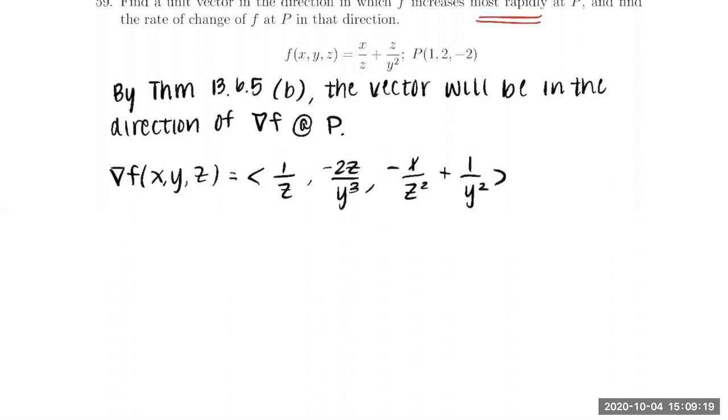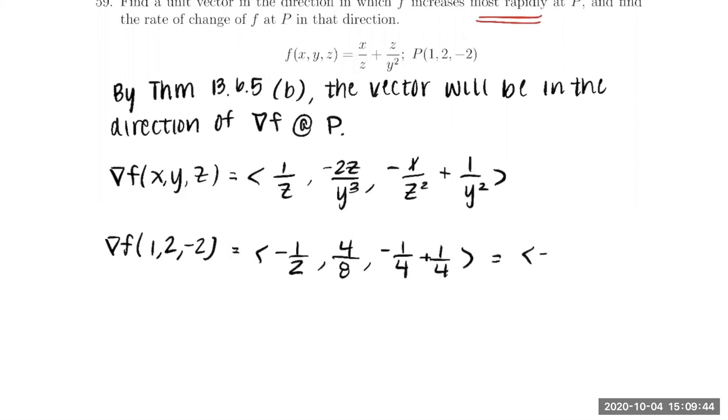So now let's evaluate that gradient at the point that we're given, which is 1, 2, negative 2. So this is a negative 1/2, 4 over 8, and a negative 1/4 plus 1/4.